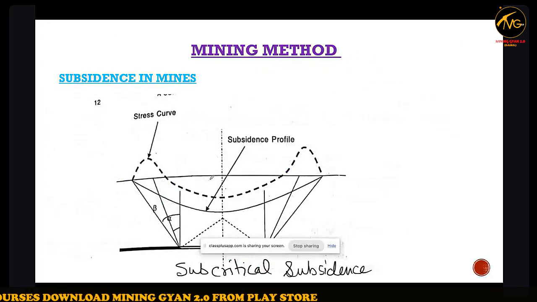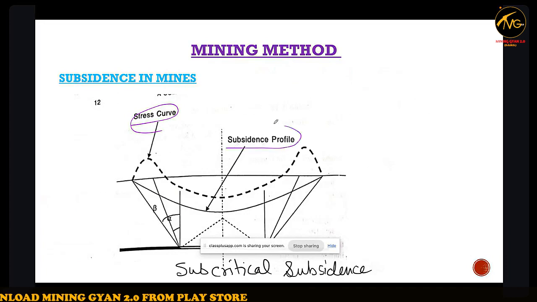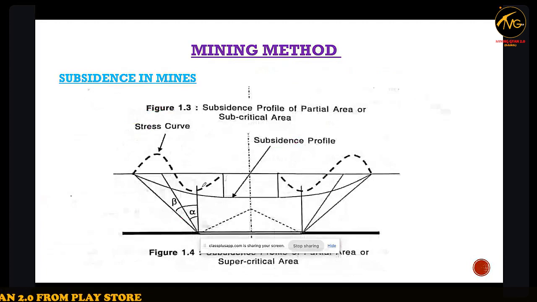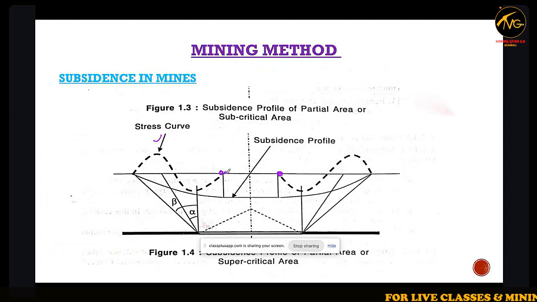This is the stress curve of the subcritical, this is the subsidence profile, and this is the angle of draw. This is the supercritical curve, and in it the maximum stress is at the surface. So you should know the diagram at least.